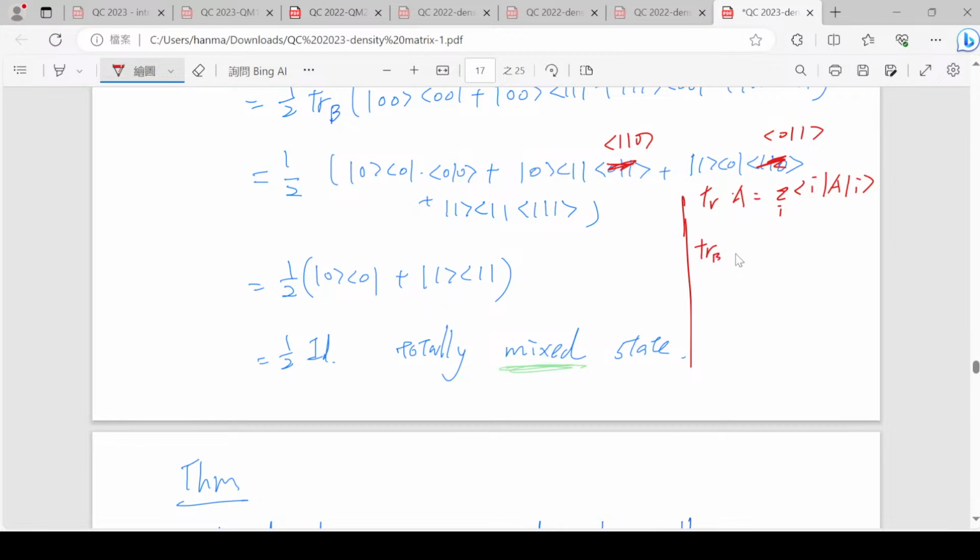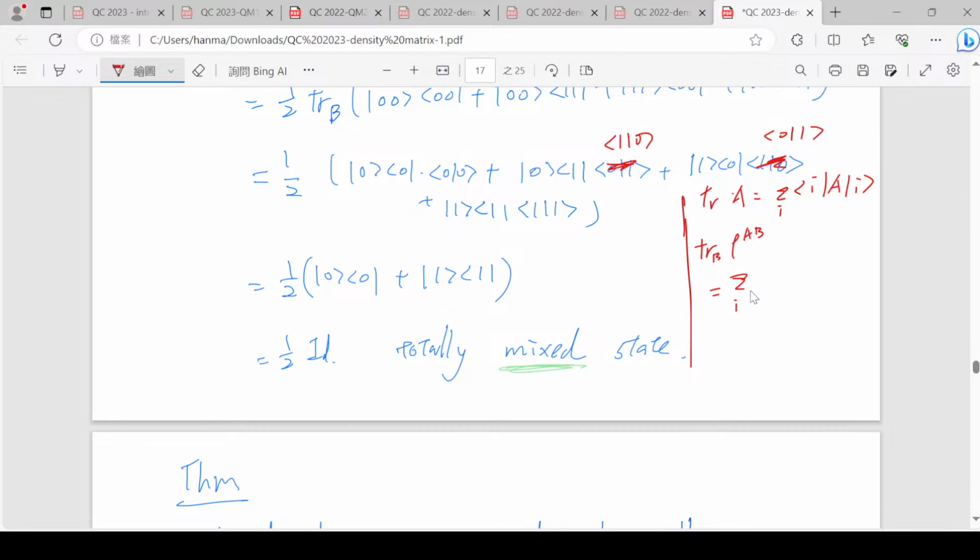So trace B of row AB is equal to a sum, but you are only summing over the basis on the B part, since you are doing a partial trace.